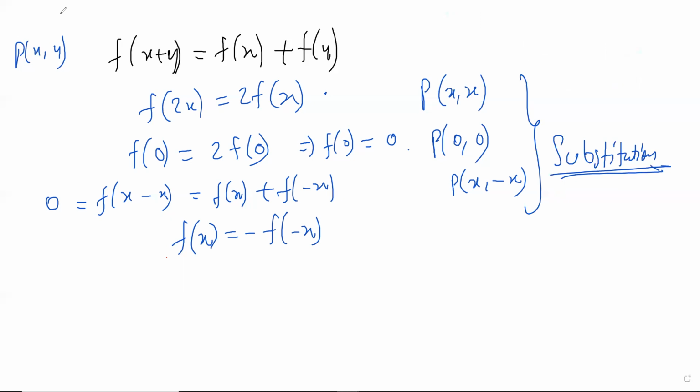What I mean is that when you're just substituting values, you're not getting anything. I mean, you've got something. Now try to be more specific in the sense that you try to find some values. I'm not saying it will be successful, but try to find maybe f of 1 or f of 2 or something like that. So with that in mind, let's see if we can actually find it.